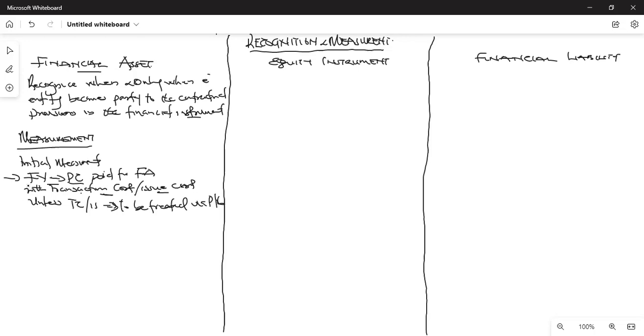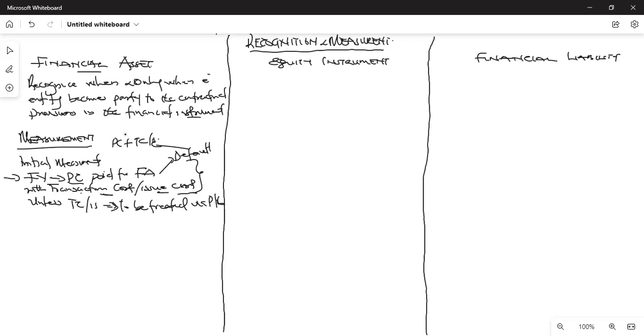So the default concept is the purchase consideration plus the transaction or issue cost. That will give you your initial measurement.